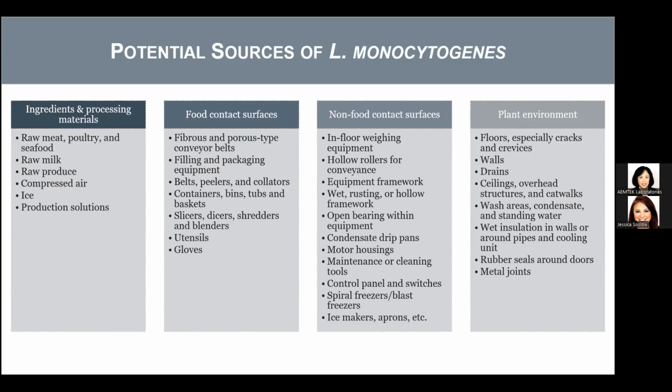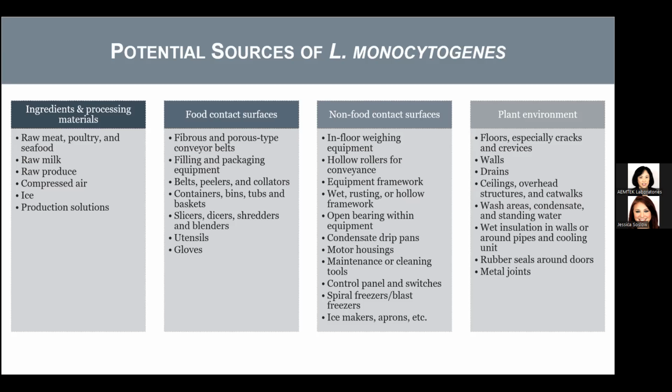The equipment framework, especially if the framework is wet and rusting, open bearings within the equipment, and condensate dripping pans, where the condition may be wet and support bacterial growth, and other equipment depending on your facility. The control panels and switches, because a lot of people touch them, can be a potential place for high bacterial count.